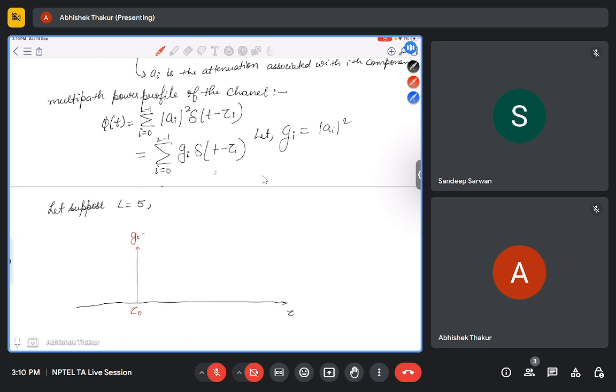So this is our g_0, which will be mod a_0 square. Now at t equal to tau_1, this will be g_1 equal to mod a_1 square. Like this we can draw.